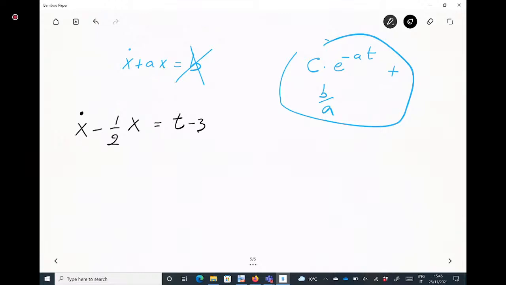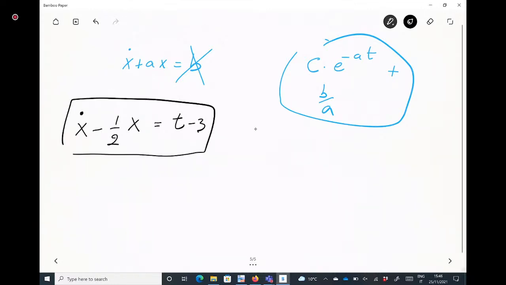By the way, if t is 0, we have x dot minus 1/2 x is equal to minus 3, which is a linear system with constant coefficients, and we can solve it, okay? We want to find the general solution to this system, which is called, I denoted it with an asterisk, okay?